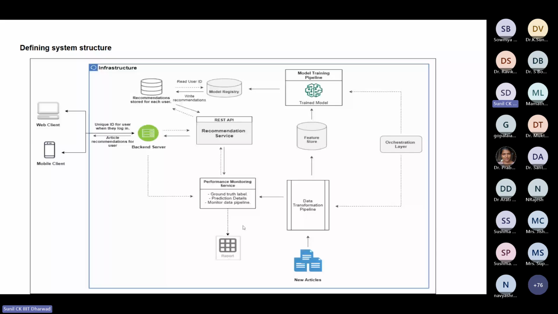They look for recommendations already stored for such a user, read the user ID and model registry, and you have already trained the model with respect to the feature store, which is developed as per your collection. It runs on that, and you recommend to the user.